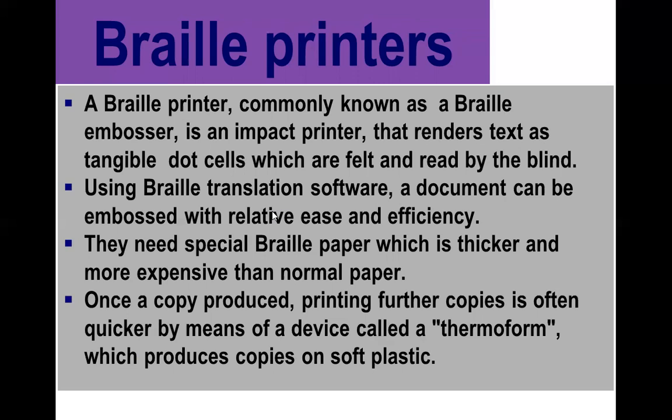Using Braille translation software, a document can be embossed with relative ease and efficiency. They need special Braille paper, which is thicker and more expensive than normal paper. Once a copy is produced, printing further copies is often quicker by means of a device called a thermoform, which produces copies on soft plastics.